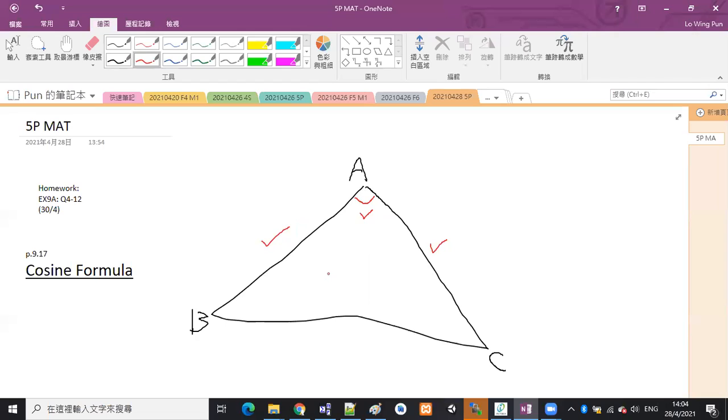If we cannot use the sine formula, then we must use the cosine formula. There is no third choice. It's only 2 choices.